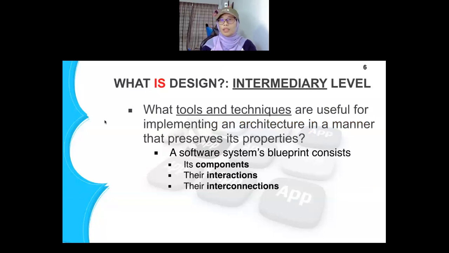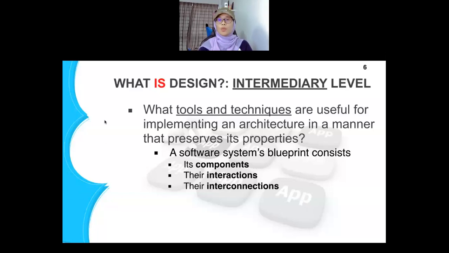So in the intermediate level, the first level is to make sure that your stakeholder understands, right? The intermediate level is to identify the tools and techniques that are useful to implement the architecture. So the software system blueprint should consist of component, interaction, and interconnection.